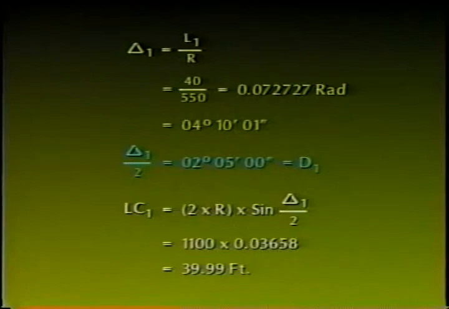Deflection angle sub 1, D sub 1, equals 4 degrees, 10 minutes, 1 second, over 2, or 2 degrees and 5 minutes. Next, LC sub 1 is determined by twice the radius times sine of half delta, or 1,100 feet, times 0.036358, which equals 39.99 feet.